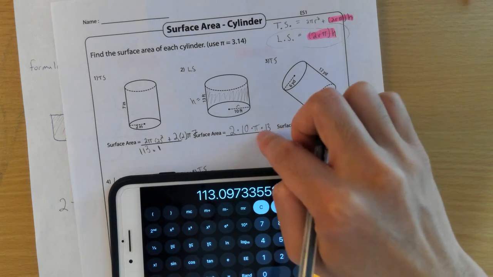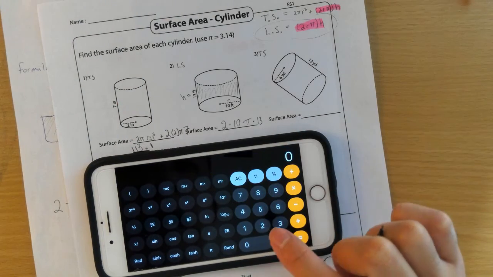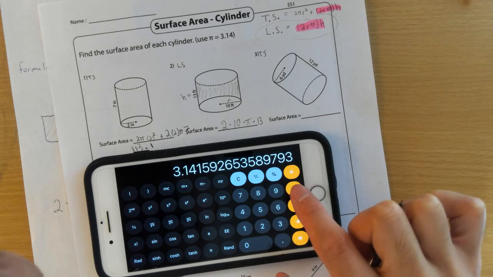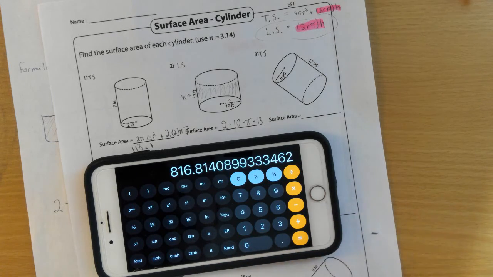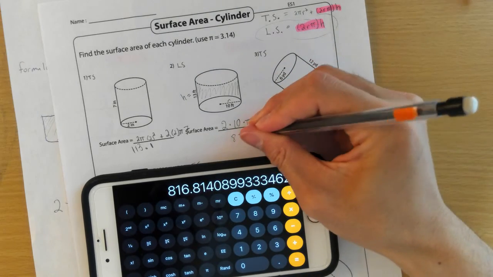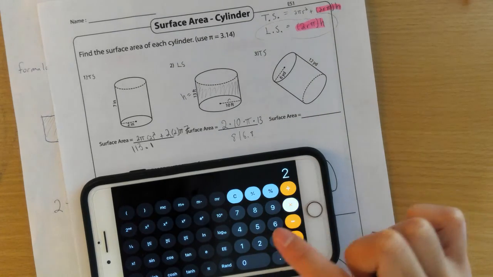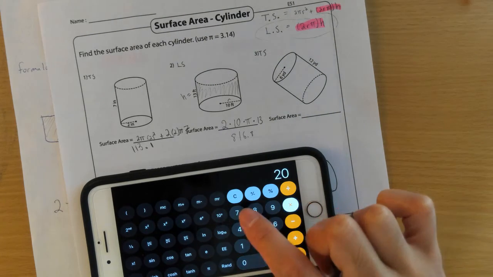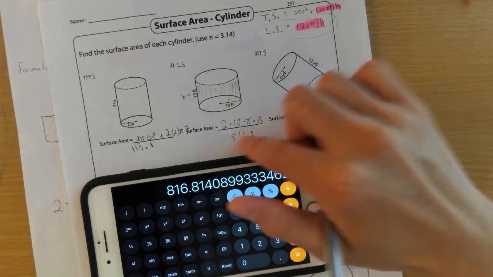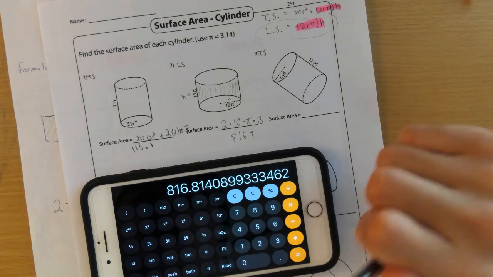I put dots, that means multiplication. Plugging that into my calculator, I just do 2 times 10 times pi times 13, and you should get 816.8. I'm going to redo it again just to make sure. Yes, it's 816.8. So that's how I did that.